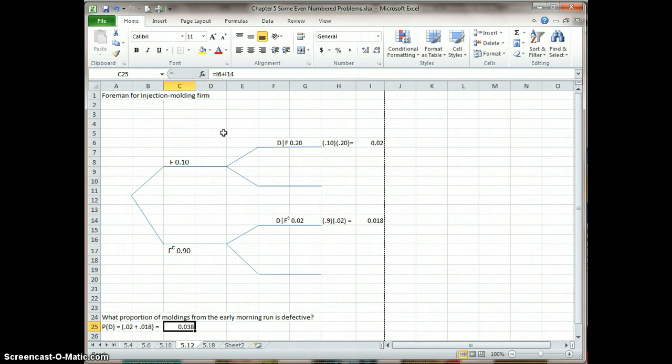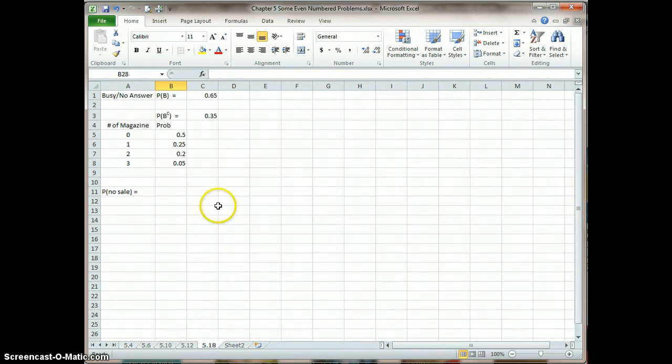And now we're going to take a look at 518. So in this case, we're dealing with a telemarketer who sells magazine subscriptions over the telephone. And the probability of getting a busy signal or no answer is 0.65. So busy or no answer probability equals 0.65, and then that means the probability of the complement of that, somebody does pick up the phone, is 0.35.